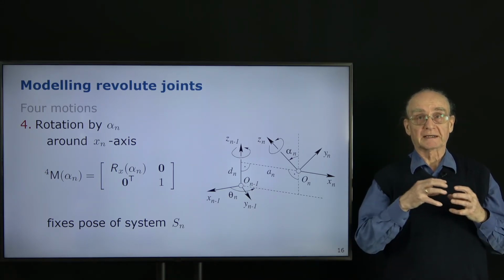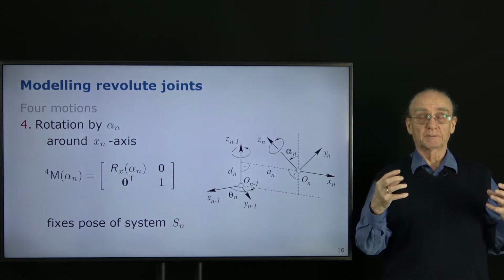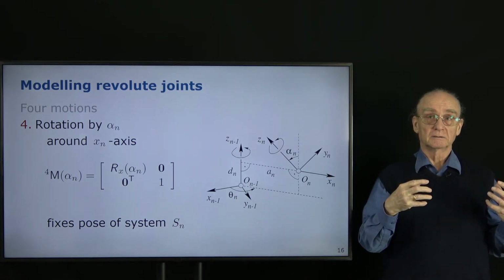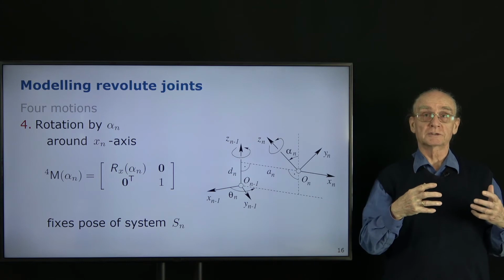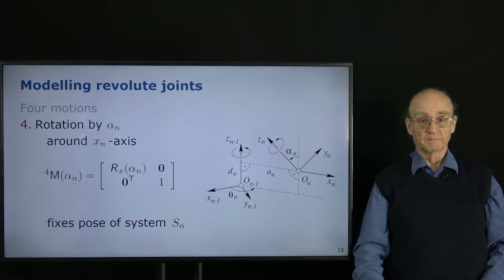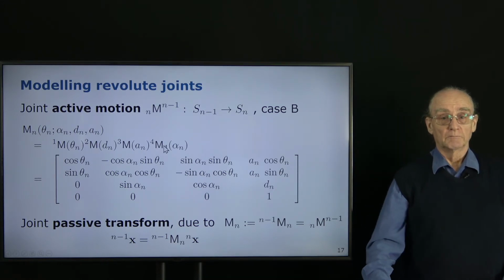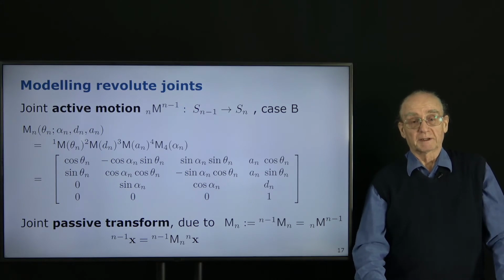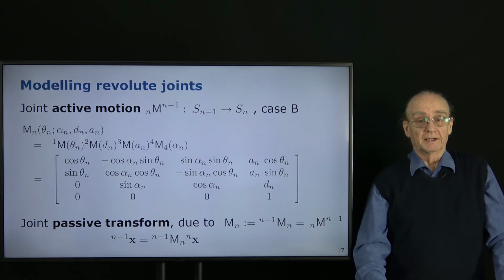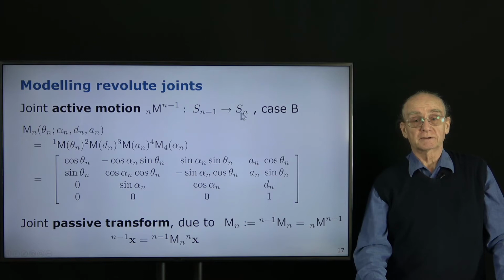So we have to concatenate them, we multiply them, and because this is case B, we have the description of the motions in the local system, we can describe the complete motion by 4 parameters, by multiplying the first, the second, the third, and the fourth motion, multiplying from the right, and we get the motion from the coordinate system Sn-1 to the coordinate system Sn.